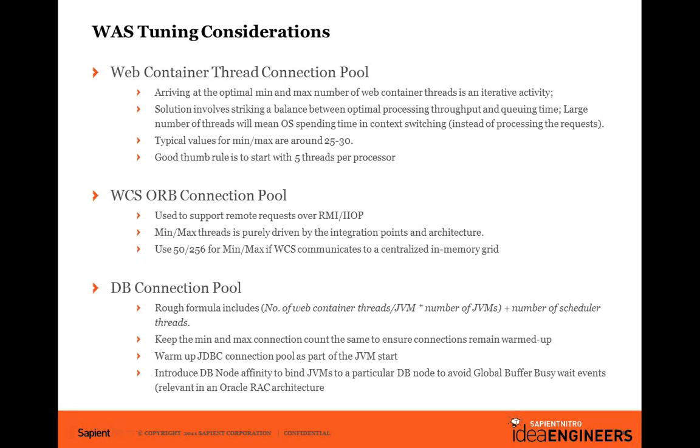So I would say start off with 5 threads per processor. If you have 8 CPUs, start off with 40, but assuming you have 2 JVMs, it will be 20 each, and then keep iteratively tuning to arrive at that sweet spot. It's a balancing act. So that was the web container, the most important thread pool because that's the one that is actually doing your job.